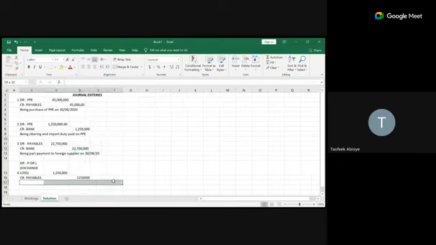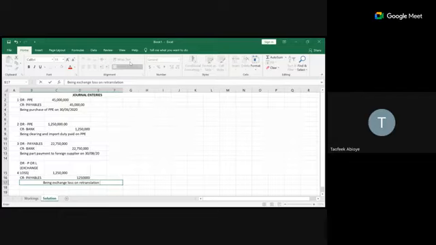So what will be the narration here? We call it: being exchange loss on foreign currency transaction, or we can say being exchange loss on retranslation of PP.